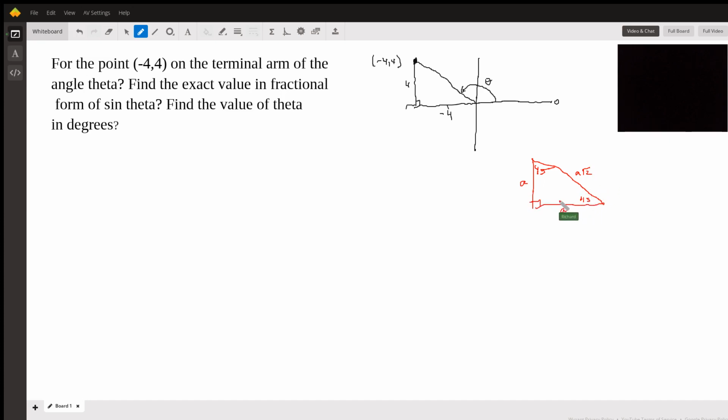And you should have memorized it by now. But if you haven't memorized it, now you have it in red. When I put something in red, it's intended to be memorized. And so you should recognize this right away. And you shouldn't have to do the Pythagorean theorem. You should be able to see right away that this is 4 root 2.